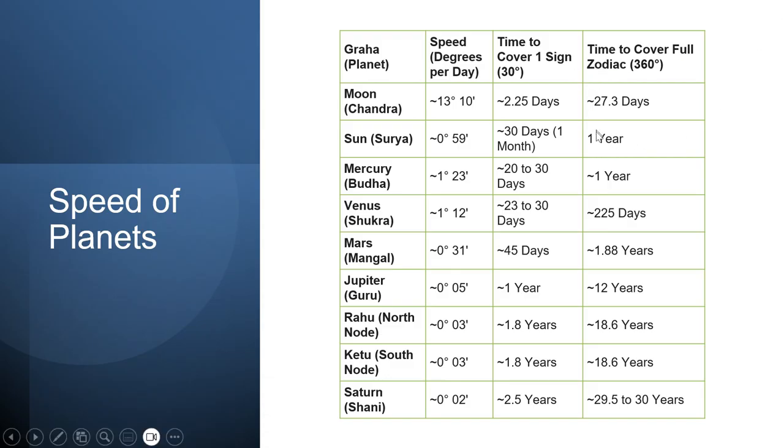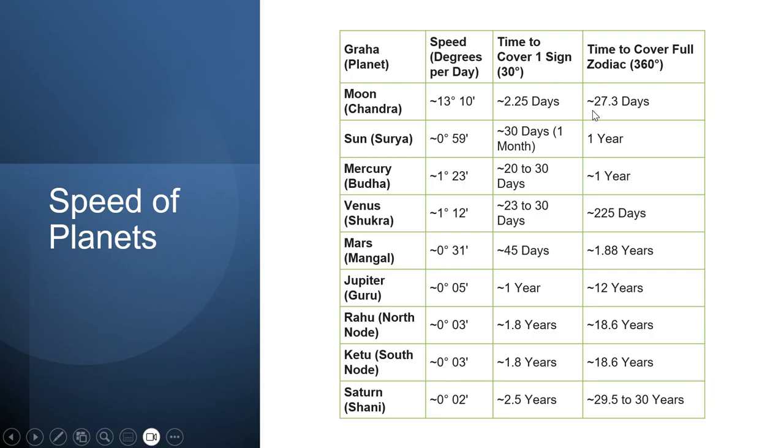All the others are approximate, so they may change a bit here and there. These are mean speeds. These speeds are very important. You should at least remember a few of them. First, of course, the Sun, which you will always remember. Sun is 1 year.